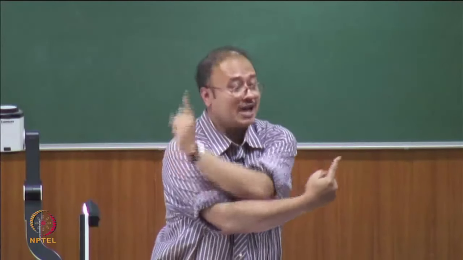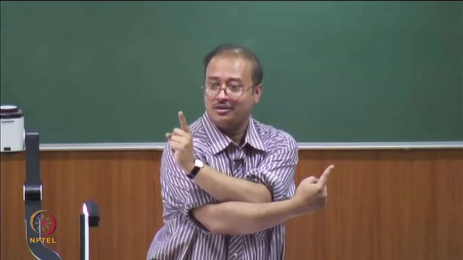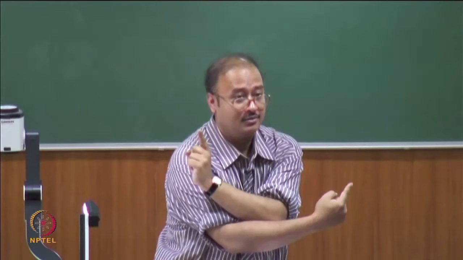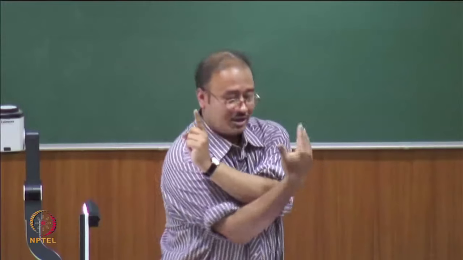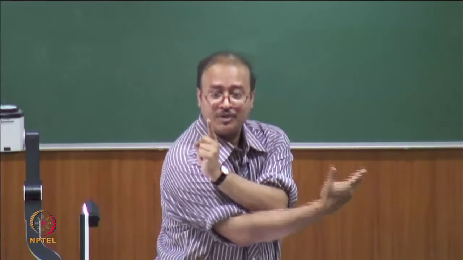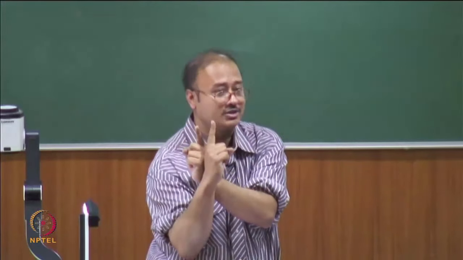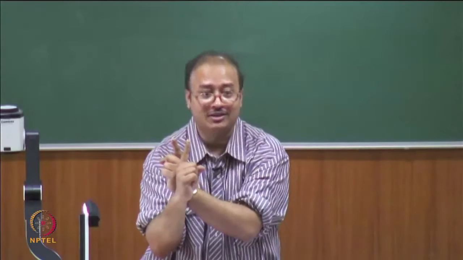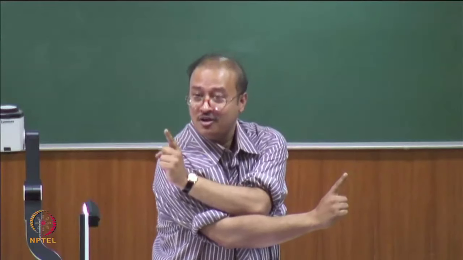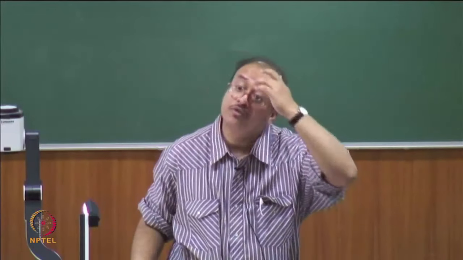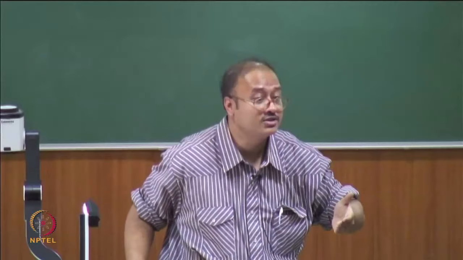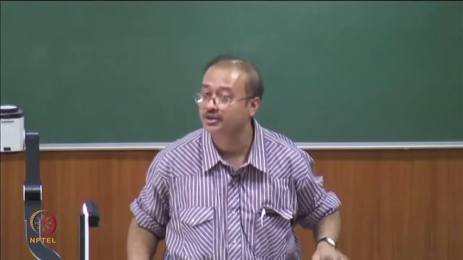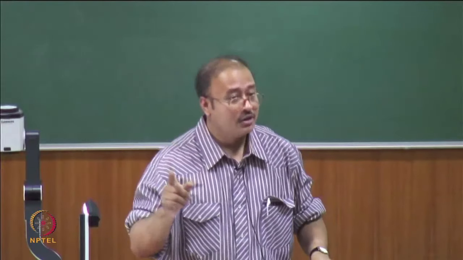That means I have lost the memory of what I started with. If this was the 20th question and this was the second question, then the second question and the first question would be much more related than the 20th question and the first question. That is essentially what a memory function is. How fast you lose your memory of what you started with, that is the correlation decay. Clear?